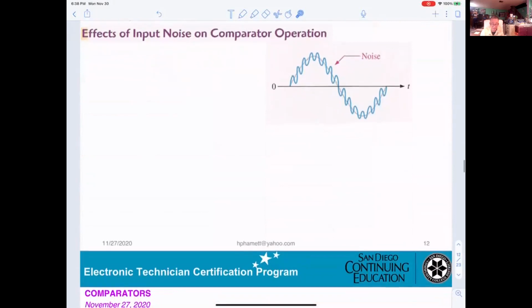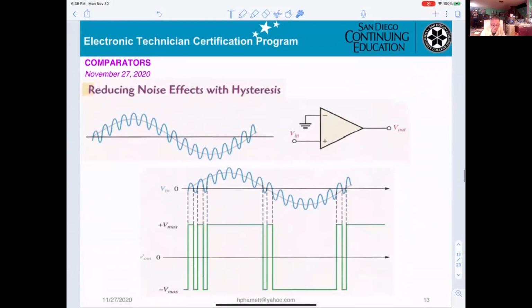The other thing, effect of input noise on comparator operation. So basically, they just give you a sine wave here. However, you get a lot of noise. So they try to find a way so the comparator can work.